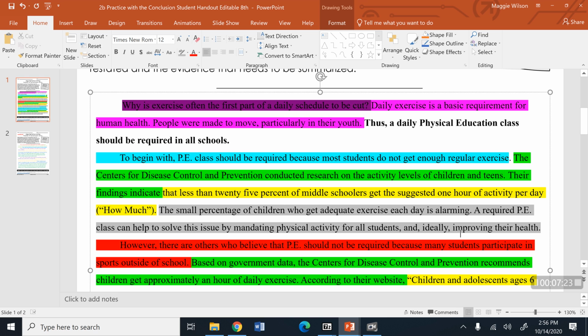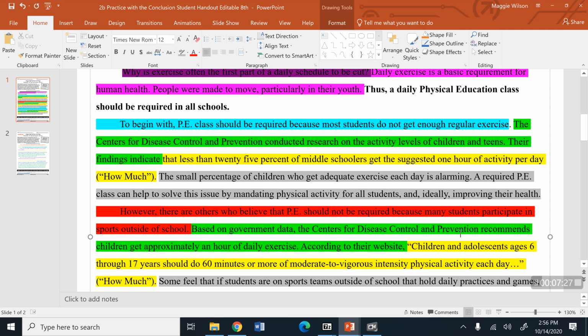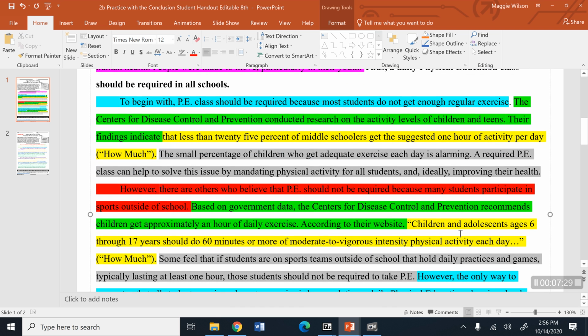And then you would summarize your evidence. So the evidence that I have here is all going to be in yellow. So I can say, let's see, less than 25% of middle schoolers get the suggested 1 hour of activity per day.